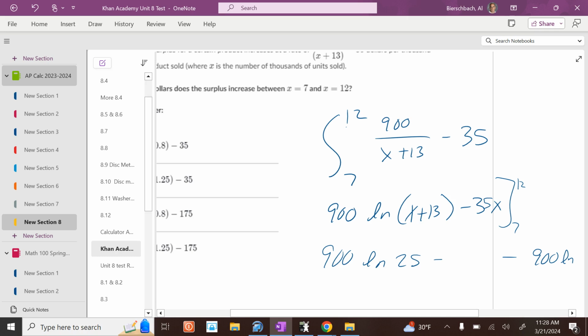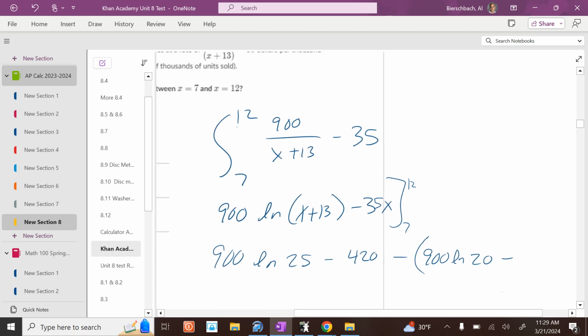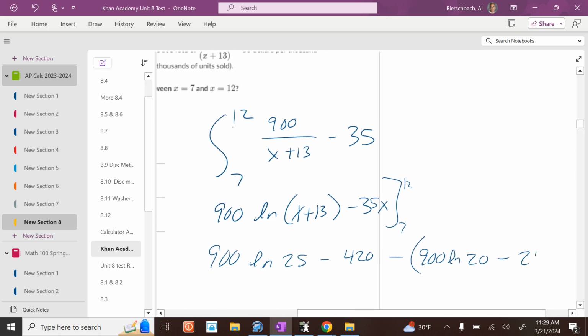What's 35 times 12? 420 minus 900 ln of 20 minus 35 times 7? 245, yep.